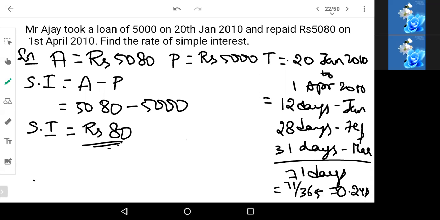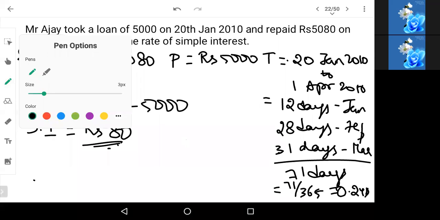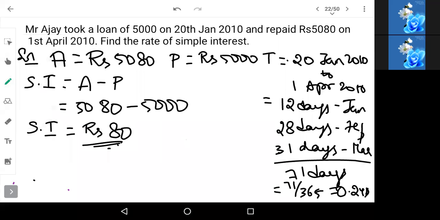Okay. So by using the two amounts, we have calculated the simple interest value, and by using the time period, we have found out the time we have to utilize. Now just use the simple interest formula to find out the rate of simple interest, that is R. Let us start.